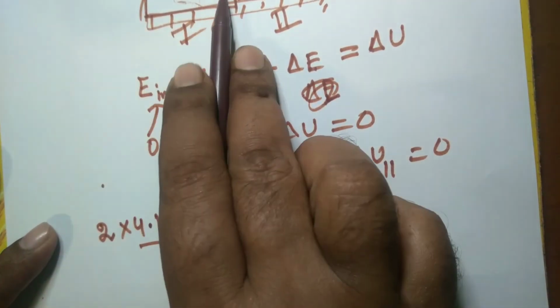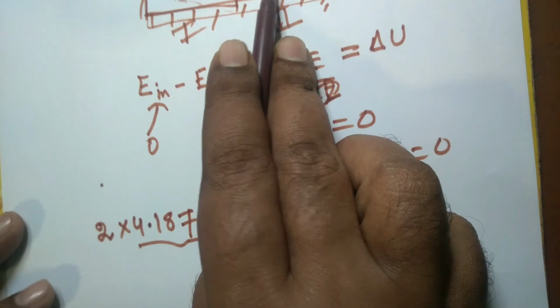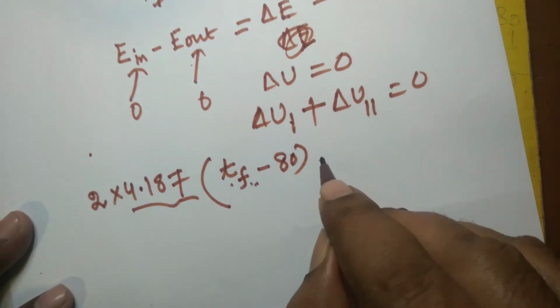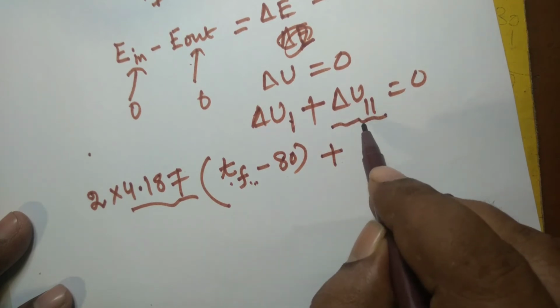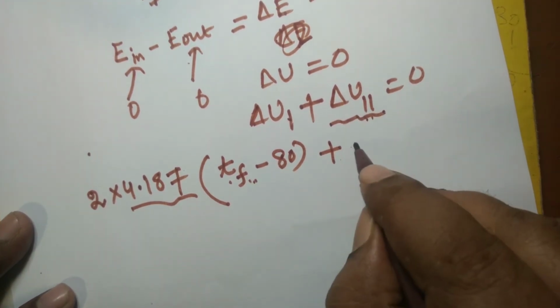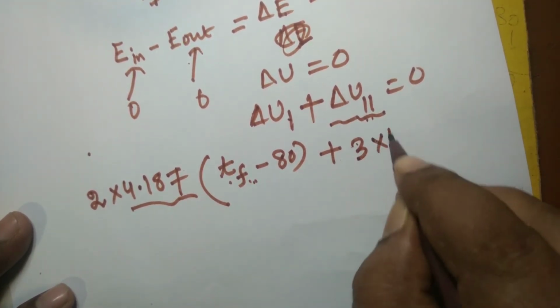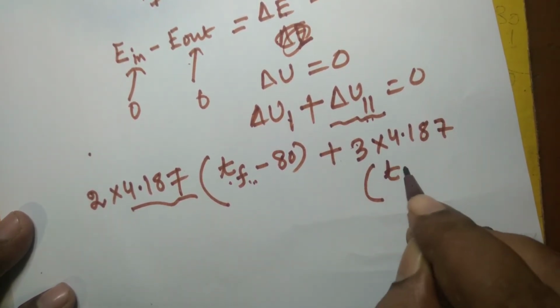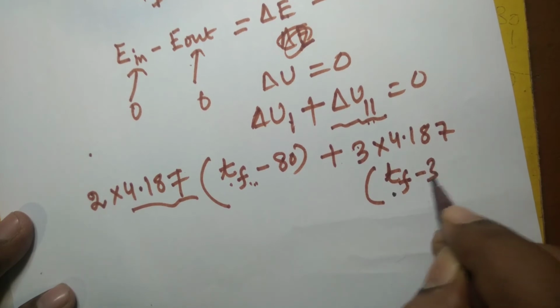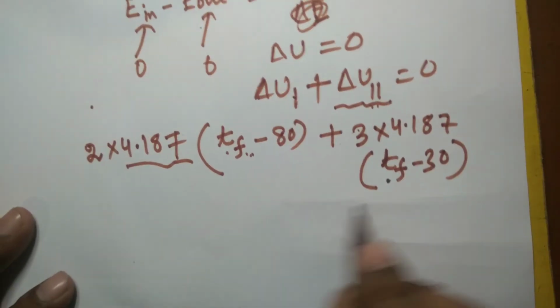Its temperature will decrease, and the other's temperature will increase. We just want to find the final temperature. Plus the change in internal energy of the second subsystem will be, this is the final temperature and this is the initial temperature.